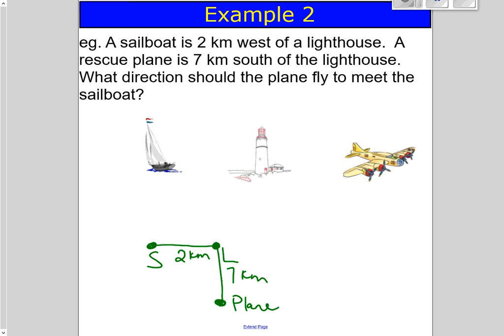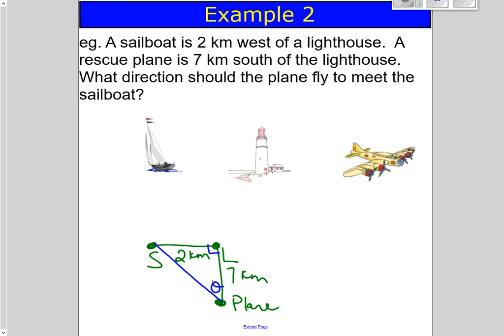All right, what direction should the plane fly to meet the sailboat? So the plane wants to meet the sailboat there. This has created a 90 degree angle. We'll talk about direction in a minute, but basically I need to find this angle right here. So it's important to find that angle. Okay, let's start labeling sides.